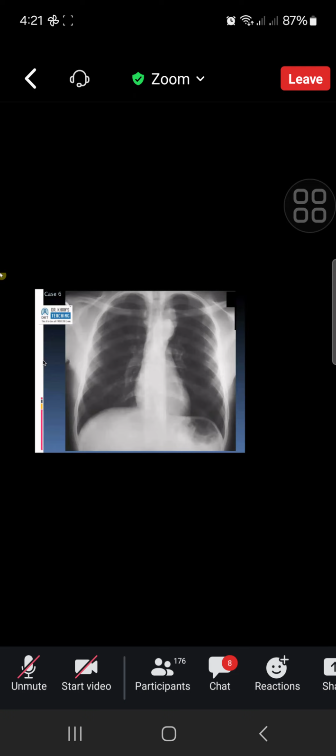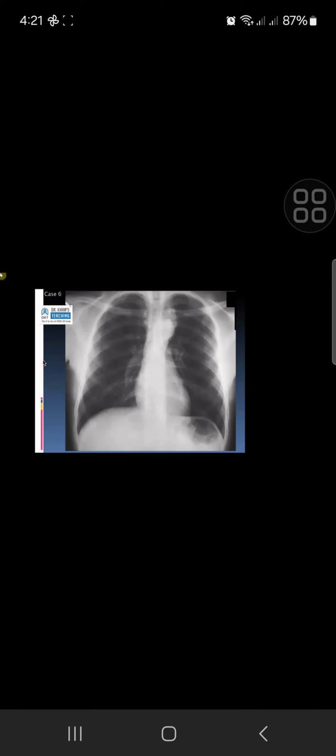I would compare with any previous chest radiographs if available, and if none, I would ask for a CT chest with contrast. I can also see the aortic knuckle is quite enlarged, quite big, and dense.